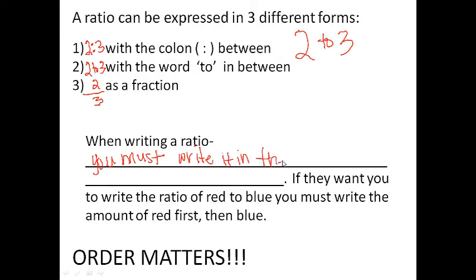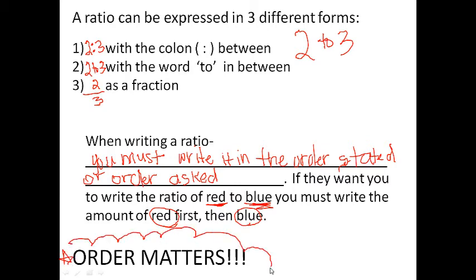If they want the ratio of red to blue, you must write the amount of red first and then blue, because they stated it red and blue, so you need to keep it in that order. Down here I wrote real big, order matters. You can't switch it up. You've got to keep it how they've asked.